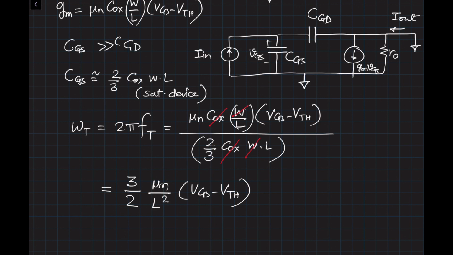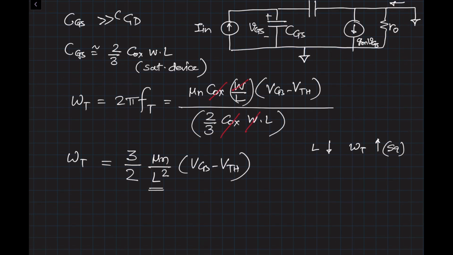And you can immediately see here that the omega t value will get larger and larger as the channel length starts dropping. And we have a square factor, which makes it even better for us. So as length decreases, omega t increases substantially due to the squaring function in this calculation.